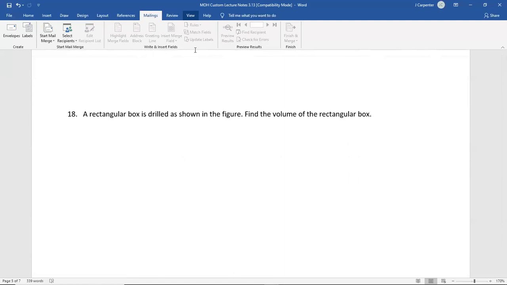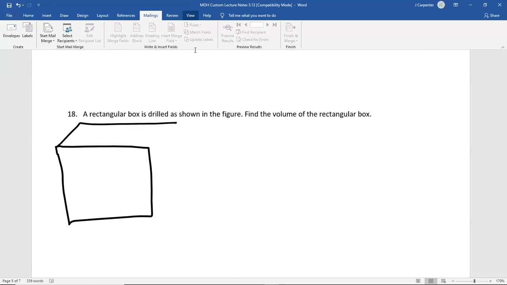A rectangular box is drilled as shown in the figure. Find the volume of the rectangular box. Hey, look at this wonderful figure, right? So we got a box. There's our box originally.